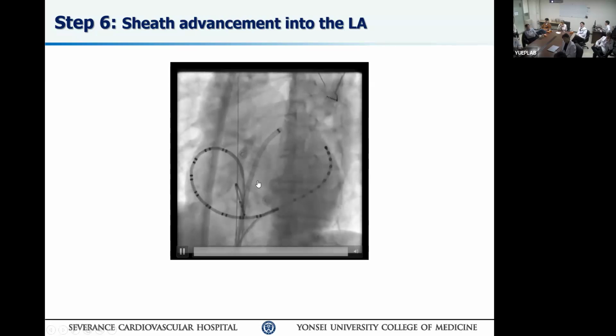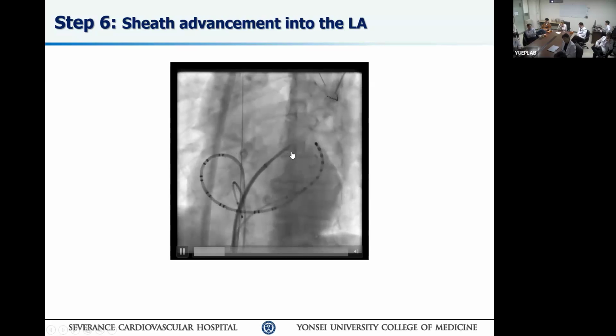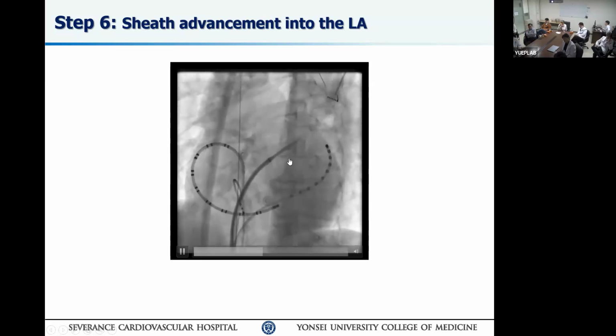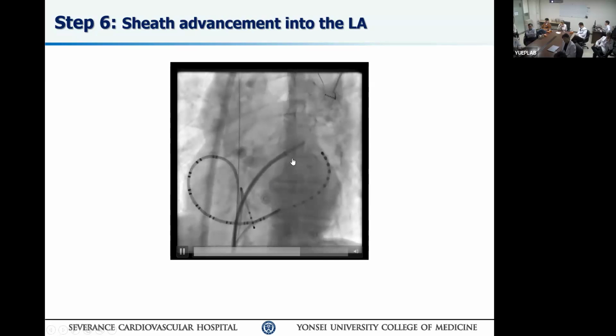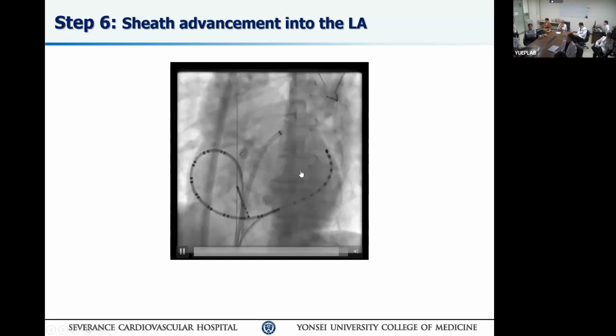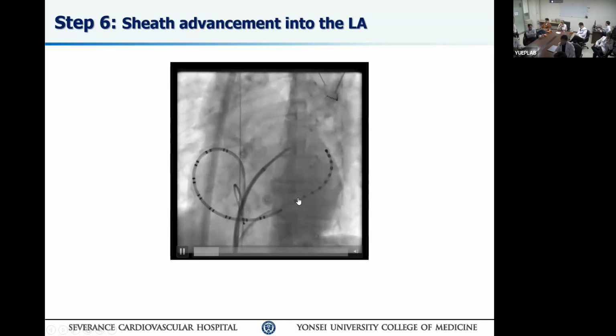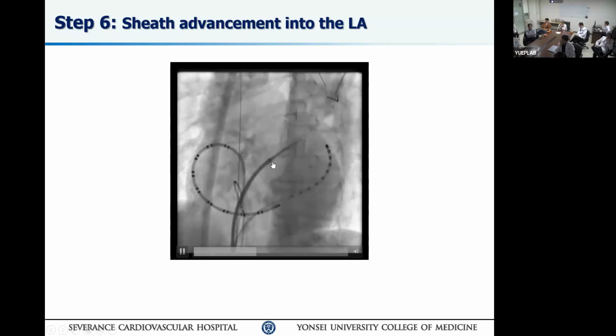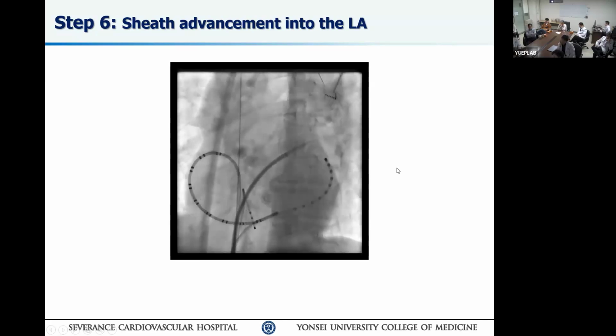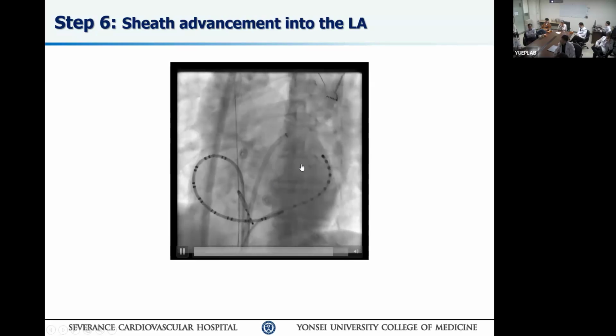After the dilator is in the LA, you hold your dilator and just advance the sheath in. As soon as the sheath is in the LA, you pull out the dilator.